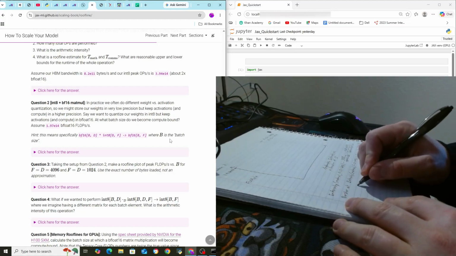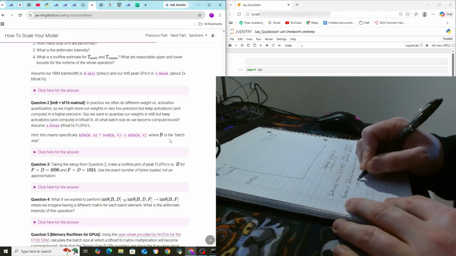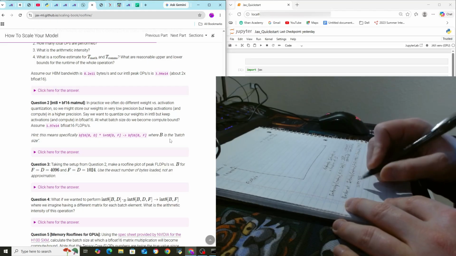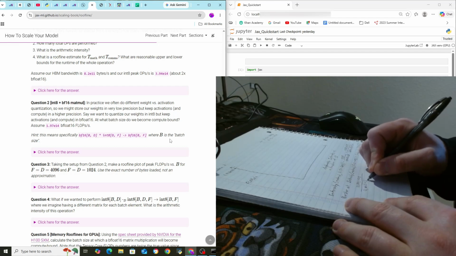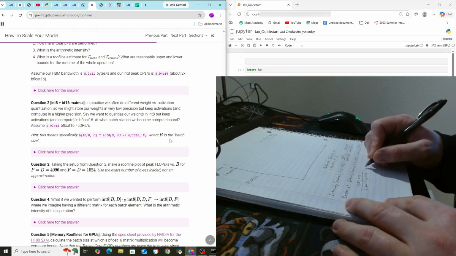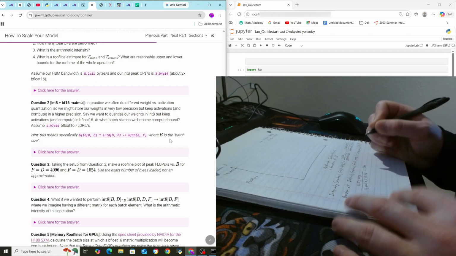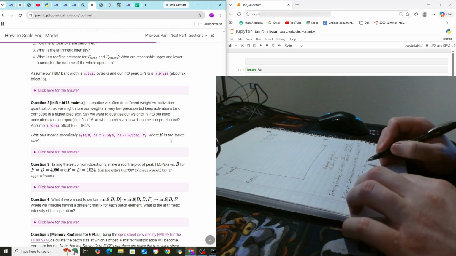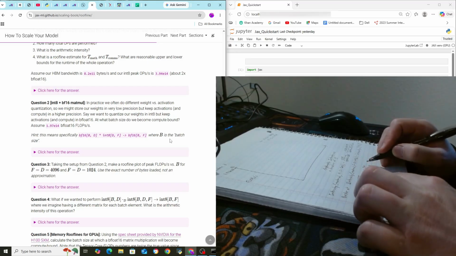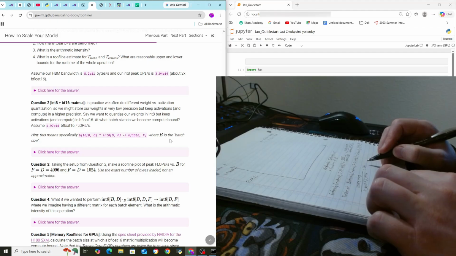So 33,554,432 B divided by 16,384 B plus 16,777,216 equals 240. So multiply that over, minus that. Should be pretty easy, right?